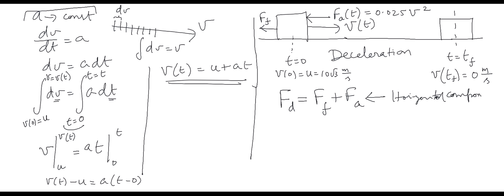Okay. So now this can be written as mass multiplied by the decelerating acceleration, the deceleration. We can say that is going to be our mu mg plus our 0.025 v squared. You see, we have formed an equation, isn't it?